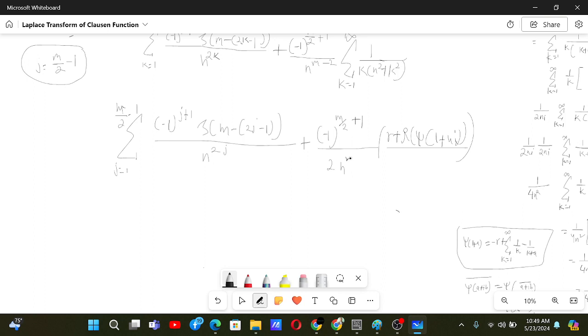And that's finally the big monstrous answer of the Laplace transform of Clausen integral, where m is even.